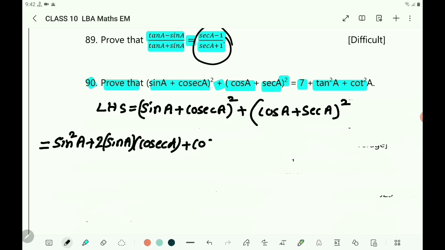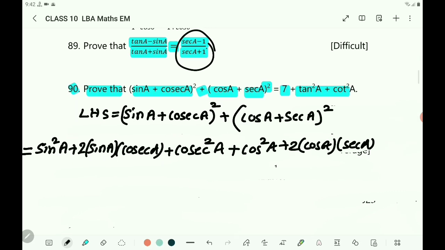B square is cosec square A. Here A is cos A, square is cos square A. 2AB is 2 into cos A into secant A plus secant square A.